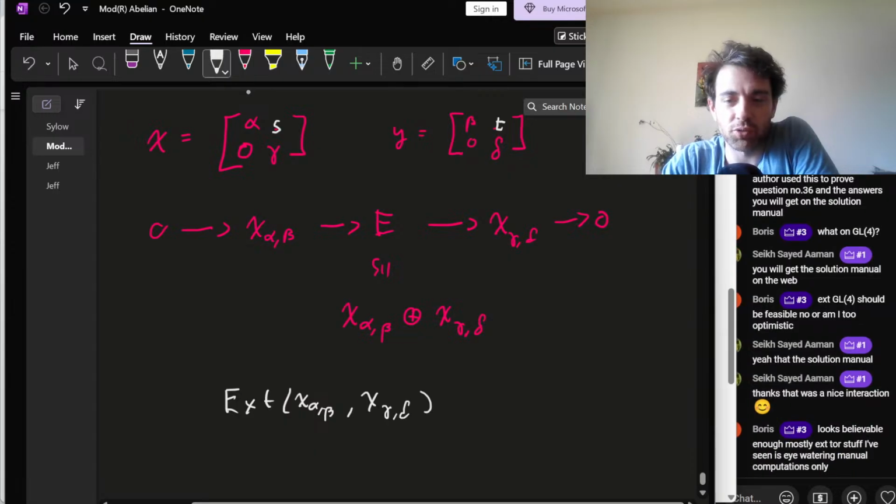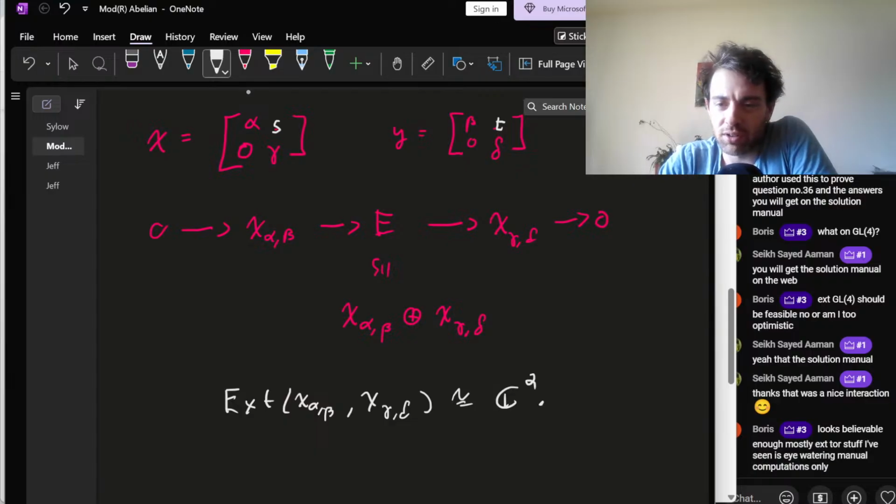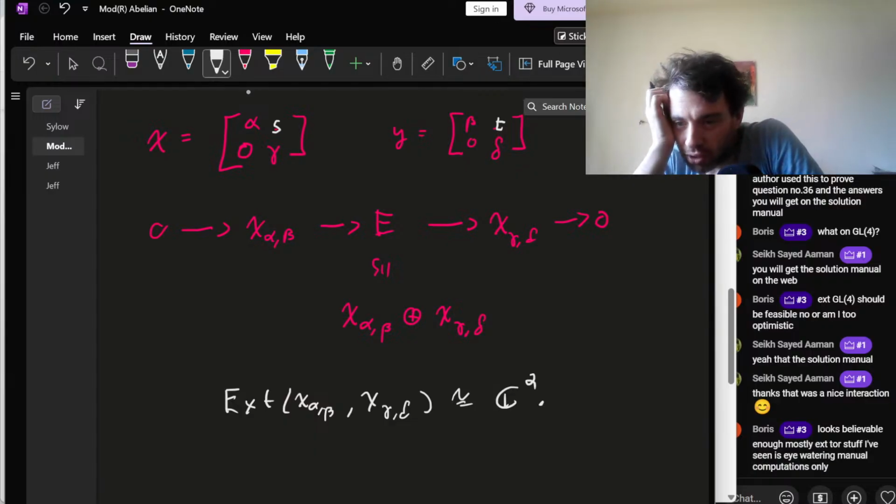It's provably true that this will be two-dimensional in this case. Looks believable enough, mostly for X stuff. You've seen eye-watering manual computations only.